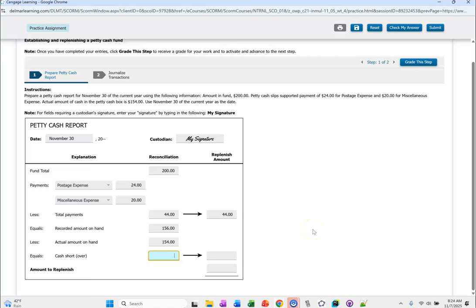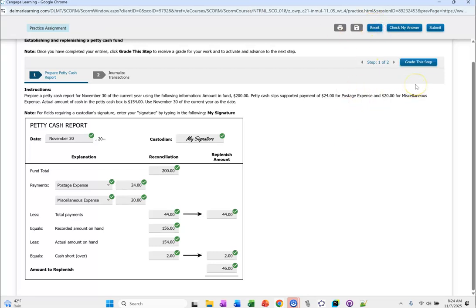Uh-oh. We're $2 short. So that needs to be accounted for. That's a short. So we need 46 monies to replenish. Everybody feel good on how we checked that?